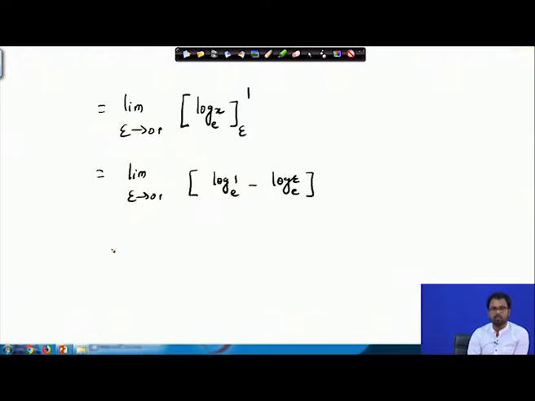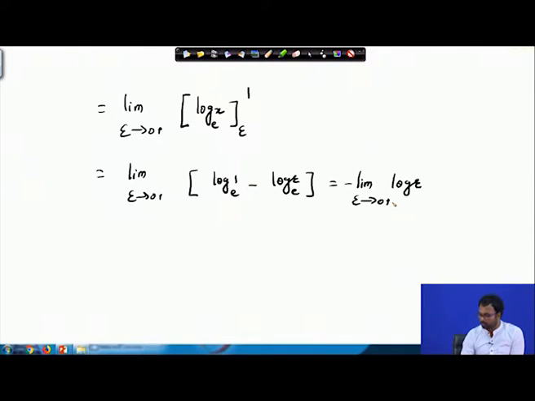Now, log of 1 is 0, but this here, so minus log of epsilon. When epsilon goes to 0, this log of epsilon will go to minus infinity, so that means the whole term will go to plus infinity.